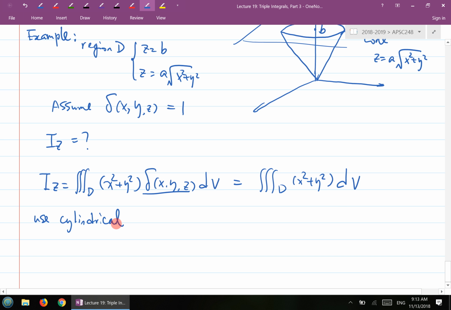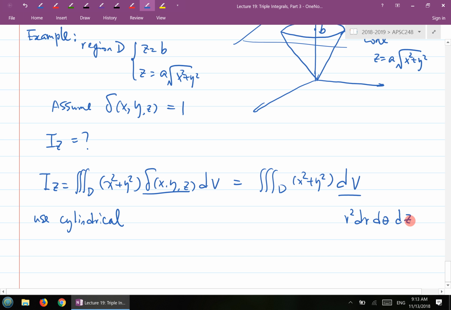Using cylindrical means a couple of things that you have to do before you start putting everything together. First, this dV, instead of dx, dy, dz, will become r dr d theta dz.